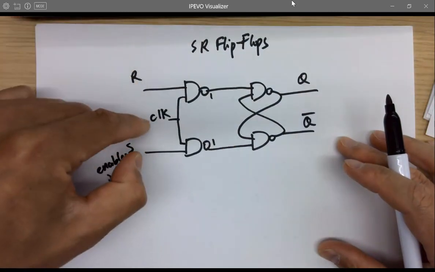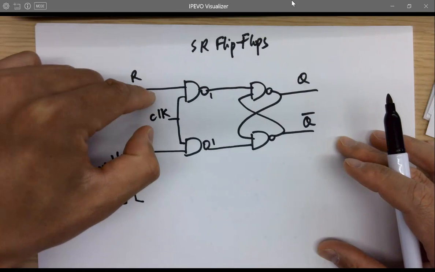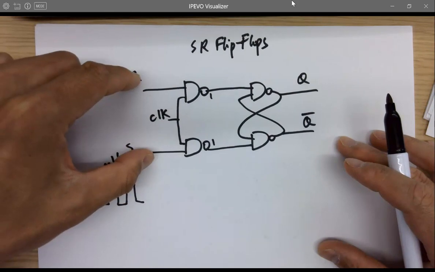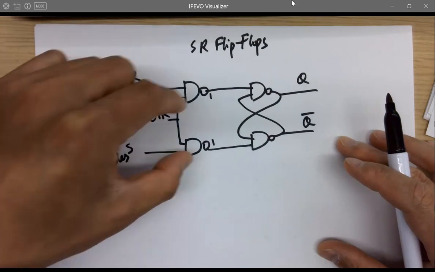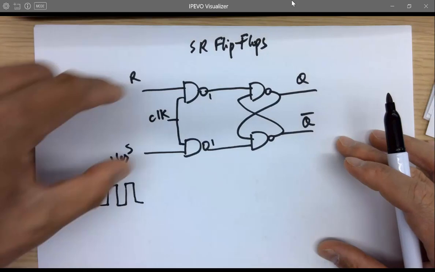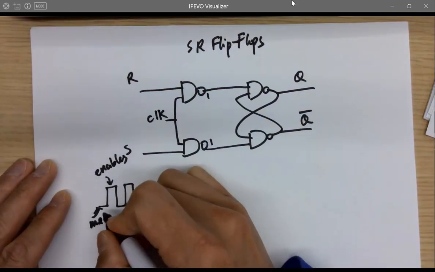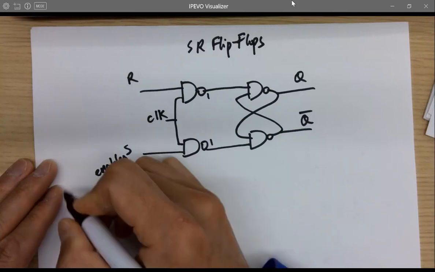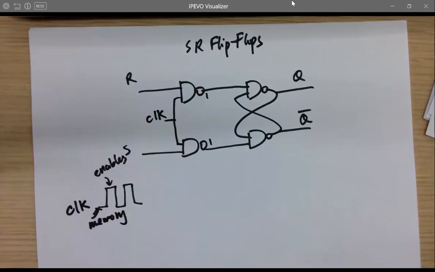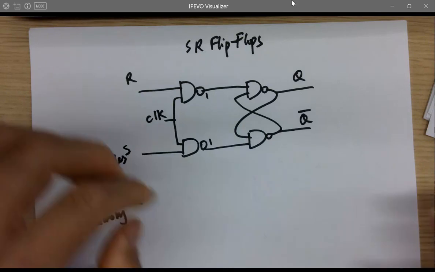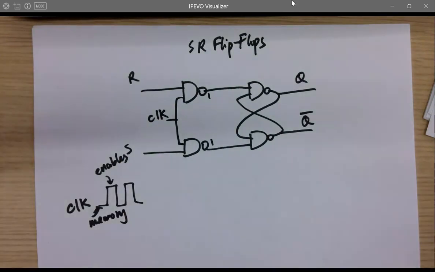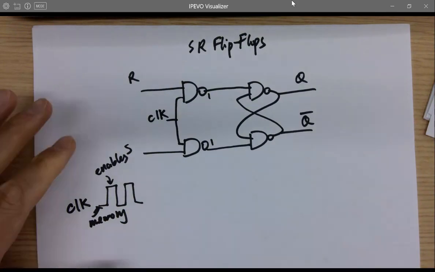It's not changing anything. The clock is not really changing too much to the input. However, if you have a 0, it memorizes the previous state. So this will be memory. Because when clock is 0, it's not doing anything, so we just directly ignore it for now. We will not analyze the logic.